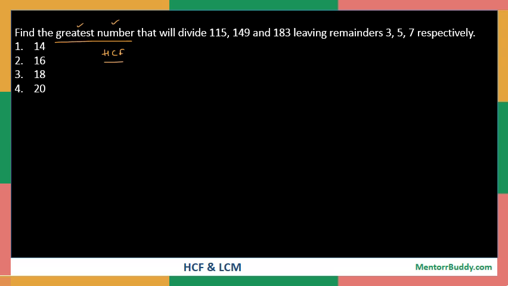So in order to get the greatest number, we have to find a number which is a factor of 115, 149 and 183. But then they are leaving the remainders 3, 5 and 7 respectively.